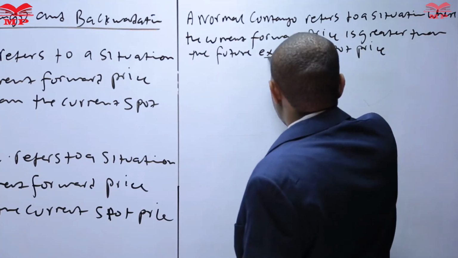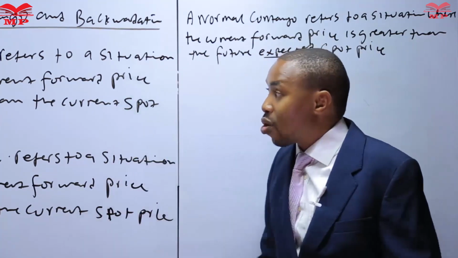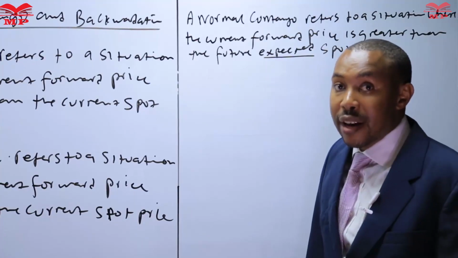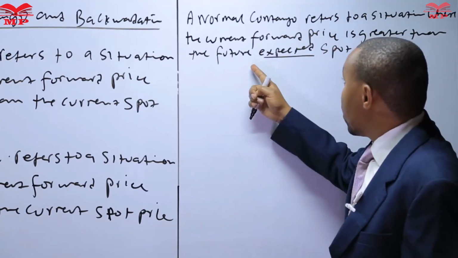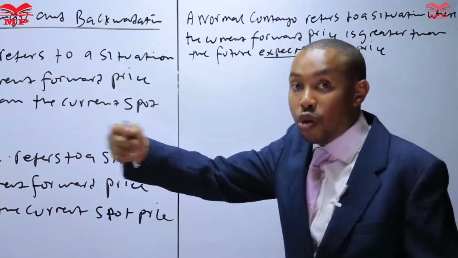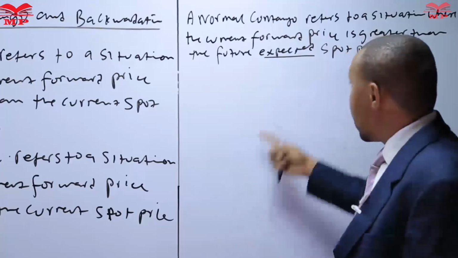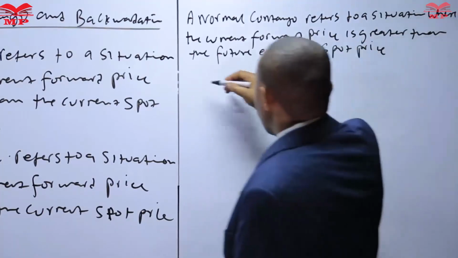The key word there is expected. Unlike what we said over here, where a contango is where the current forward price is greater than the spot price, here the current forward price is greater than what you expect the spot price to be. That is what a normal contango refers to.